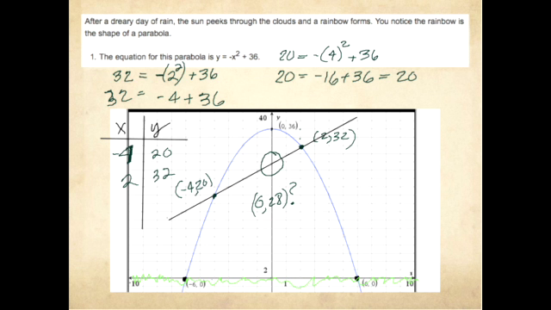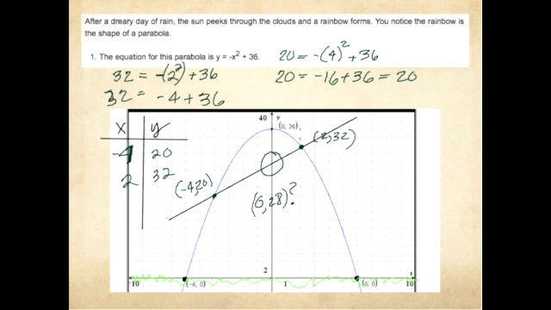So I am wondering, if I write the equation for my parabola, or my rainbow, I can use the equation of the drone to test and see if 0, 28 is on that path.